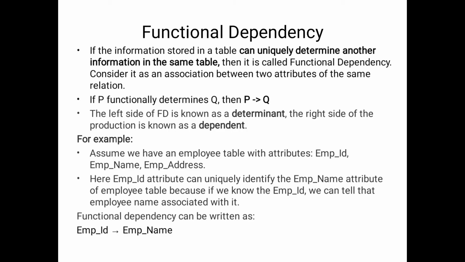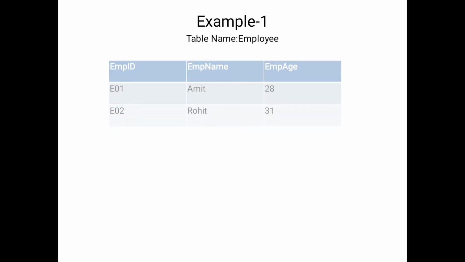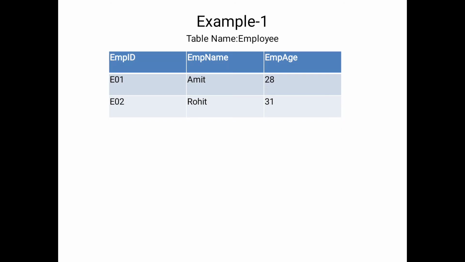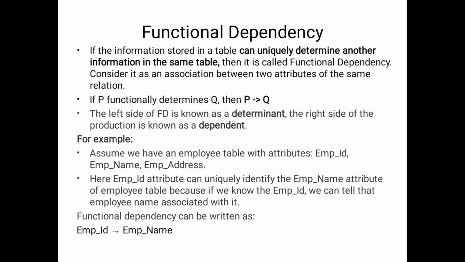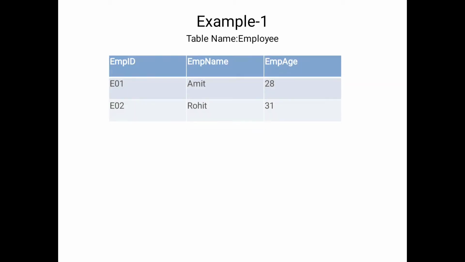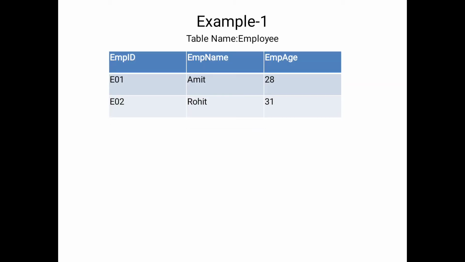Now we will see the example, no problem. Here I will consider the employee table: employee ID, employee name, employee age. With the help of the previous slide, what is the dependency? Employee ID implies employee name. Now please give me the answer. What is the employee name of employee ID E02?